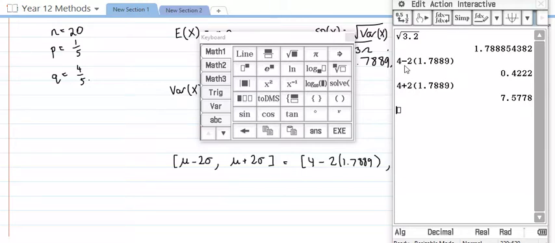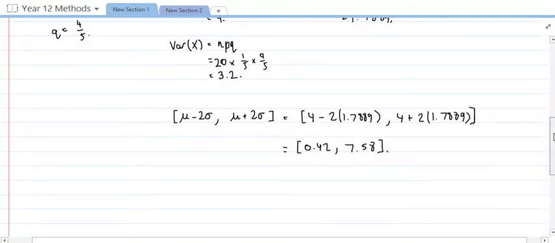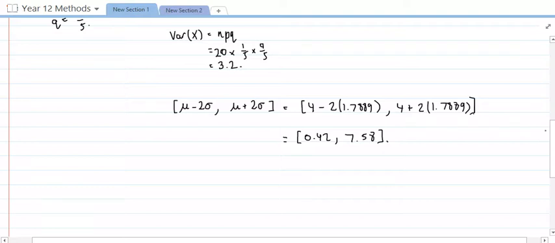Okay, I've just used the calculator here to figure this out. So it's 4 minus 2 times that is 0.42, and 4 plus 2 times that is 7.58. So that was equal to 0.42 and 7.58. Now, this doesn't make sense in this sort of situation where we can only have whole numbers of answers.